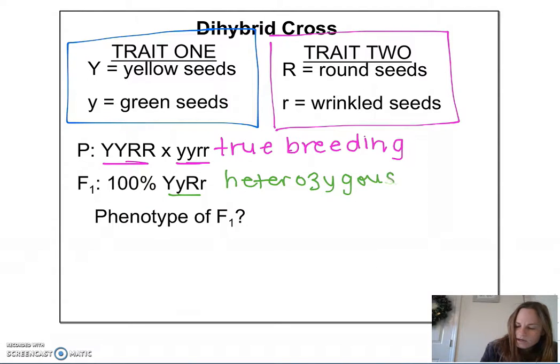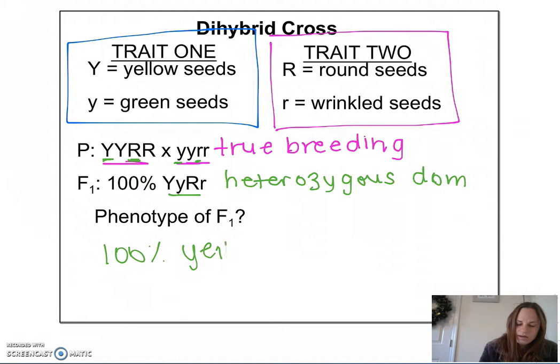And that's because the true breeding parents could only pass down either a dominant or a recessive trait. So the phenotypes of the F1 generation were 100% yellow and round.